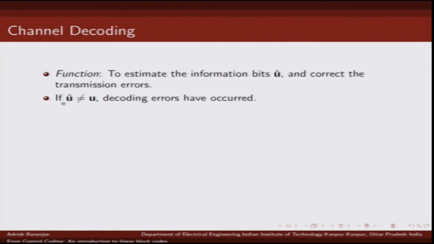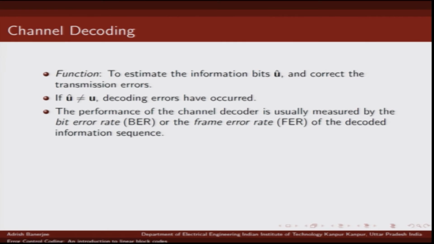If our decoded bit is not the same as the transmitted bit, we say that a decoding error has occurred. We quantify these decoding errors using what we call bit error rate or frame error rate. The performance of error correcting codes is typically evaluated using these.